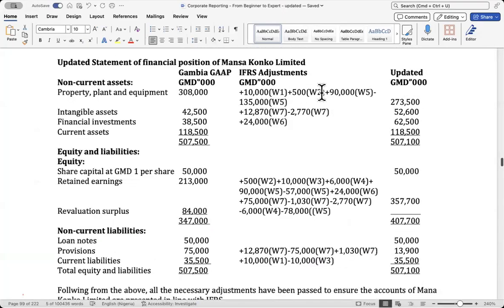Since I said debit accumulated depreciation, it's as good as adding it to the assets, because accumulated depreciation ordinarily would be deducted from the cost of an asset. So now that they are reducing it, it's like you're increasing the cost or carrying amount of that asset. That's what you're doing, which is why I added it here.